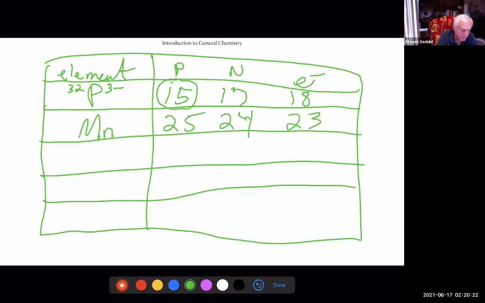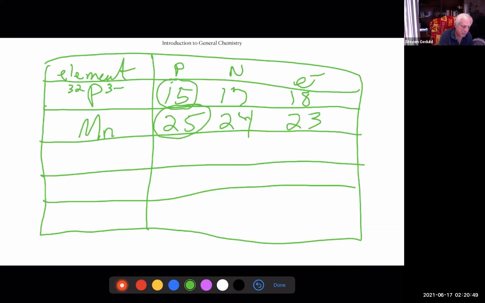What would you put for the mass number? Oh, we have the protons. Okay, my bad. That's all right. Remember, the number of protons determines your element.